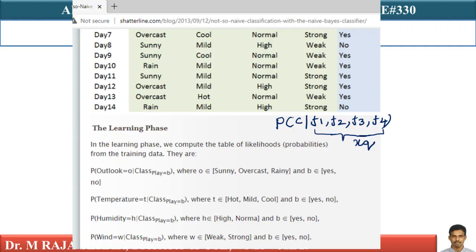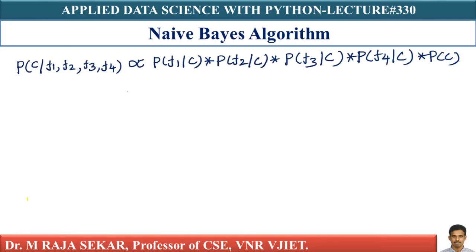This probability is what I already discussed in my previous lecture, in lecture number 229. The probability of C given F1, F2, F3, F4 is proportional to the probability of F1 given C, the probability of F2 given C, the probability of F3 given C, the probability of F4 given C, into the probability of C. This we saw in the Naive classification algorithm in my previous lecture.